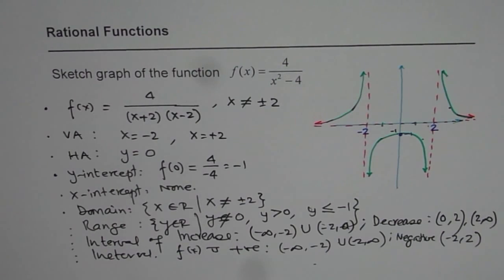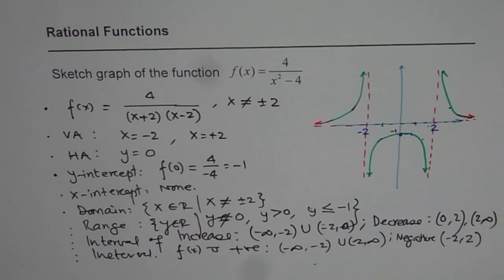So looking into this function, what we understand from here is that first you factor the denominator to figure out when we have restrictions. In this case we have two vertical asymptotes, one at plus 2, the other one at minus 2. Since the degree of the denominator is higher than that of the numerator, y equals 0 is our horizontal asymptote.